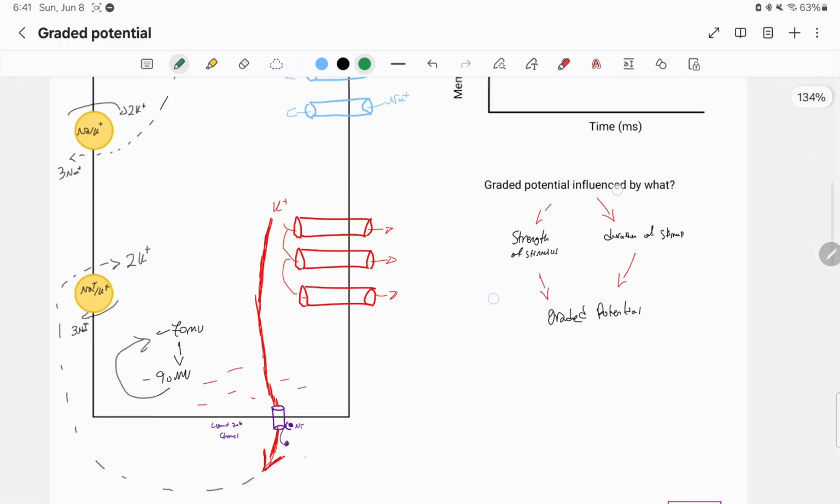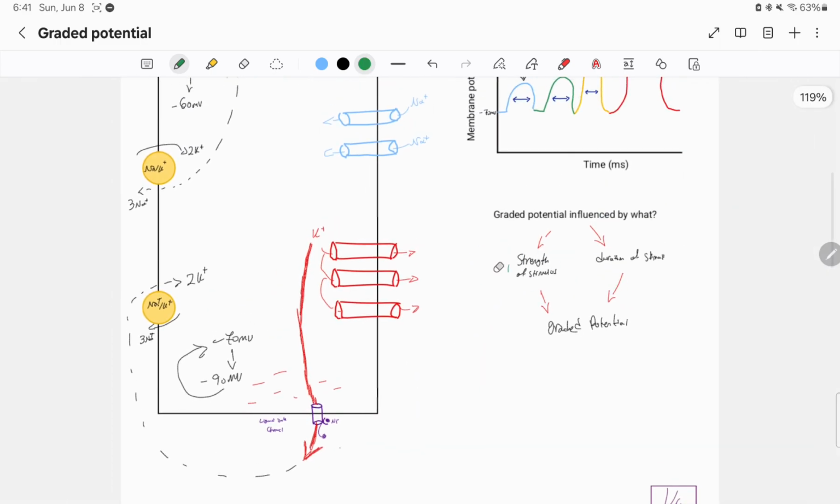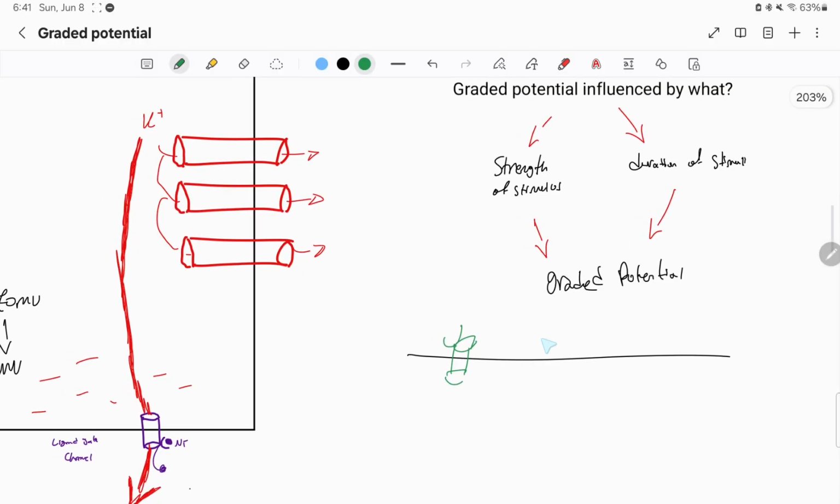Since we're talking about neurotransmitters, our chemical stimuli, let's imagine a cell, and it has one ligand-gated channel, and two ligand-gated channels, and three ligand-gated channels.